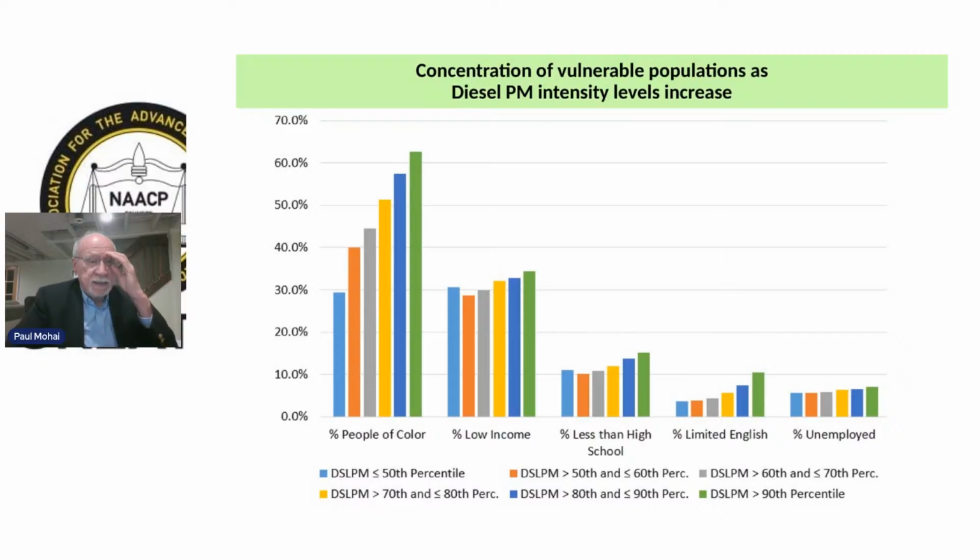And you can see similar patterns when you look at the percent with low incomes. I'm sorry, I can't read the slide because of the size here, but you can see that for all the other socioeconomic indicators, you see a similar pattern, although they're not quite as dramatic.